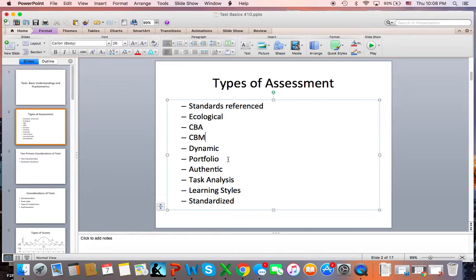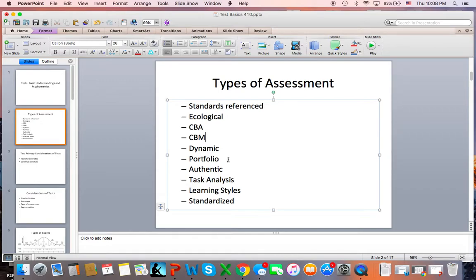Researchers have tried to show that if a student is an auditory learner and we present material primarily through auditory means, then their performance on that skill should be substantially increased. The opposite should also be true: if they're indicated to be an auditory learner and we present information primarily visually, then their performance should decrease. But the research just has not borne that out.